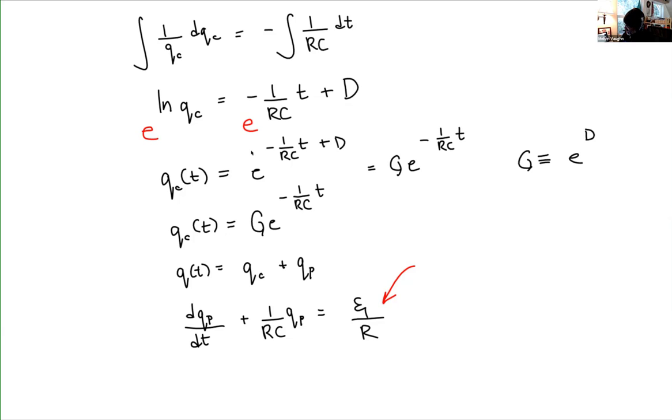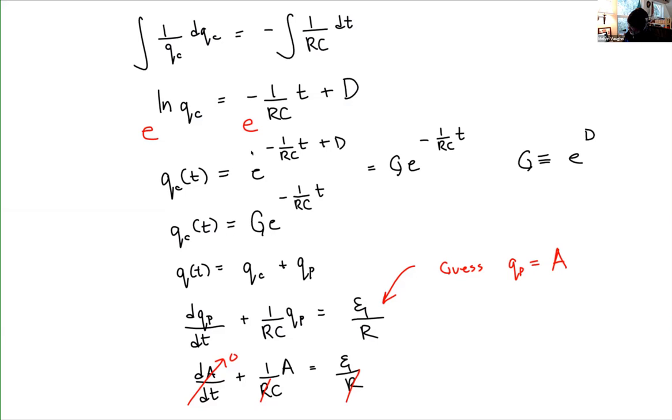I'm going to guess that my solution to the particular equation is going to be a constant. So in other words, I am going to guess that our particular solution is going to have a form of a constant. And I'll just call the constant A. So what do we do with that A? We're just saying that the QP is a constant. So if I replace QP with that A, and the A, again, is just a reminder that our particular solution is a constant, well, the derivative of a constant is 0. I'm left with R in the denominator on both sides.